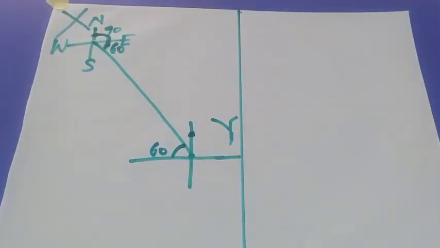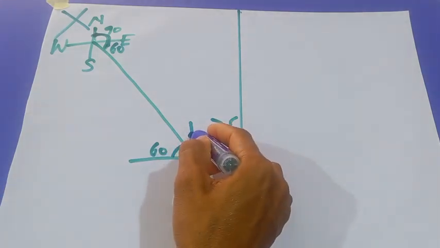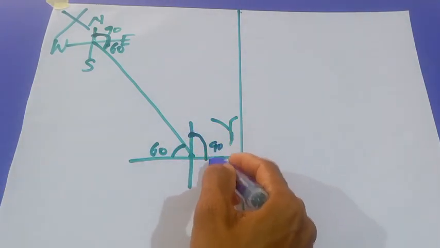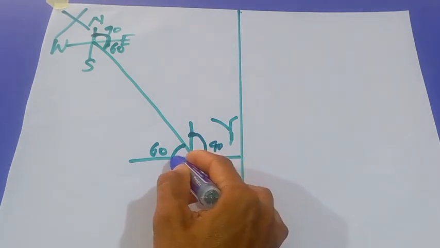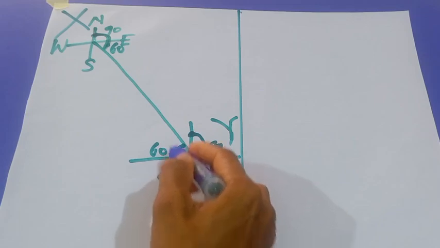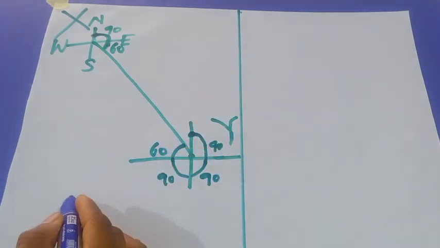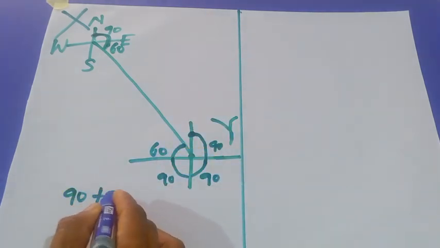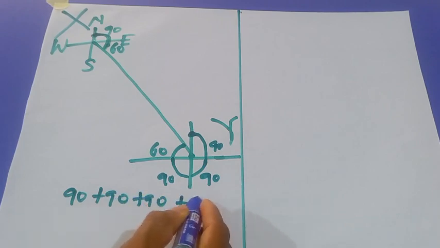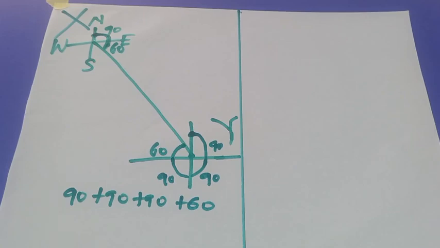Once you know how to draw the diagram of bearing, every other thing will be very easy for you. So from here, we'll now count 90, 90, 90 plus 60. That's 90 plus 90 plus 90 plus 60. And that will give us a total of 330 degrees as the answer.